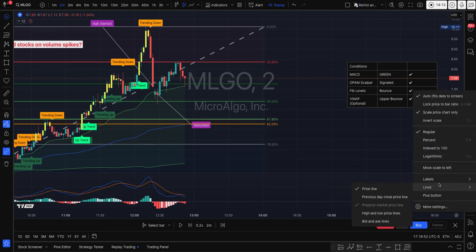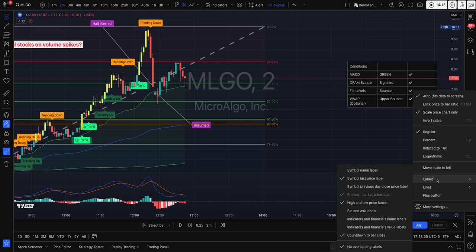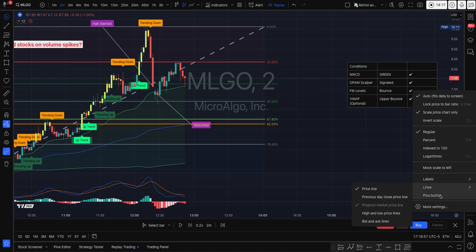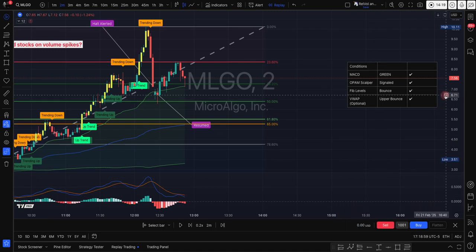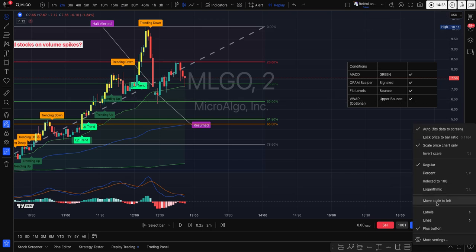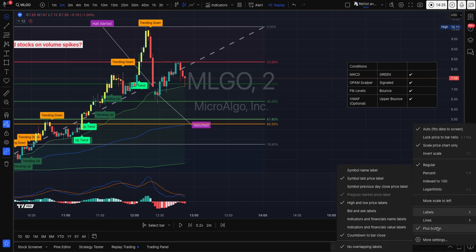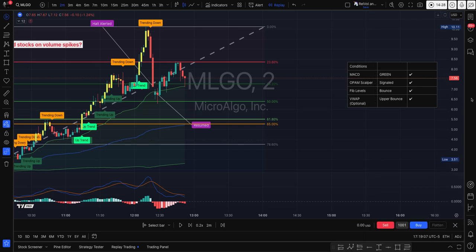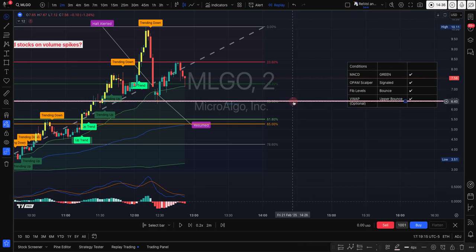Move line labels data, plus button. Yeah, you can tag that one here. So you see, I right click it and then I added the plus button, which is this one here, and now you can create an alert so that every time it hits the 50 fib, it gets me an alert.